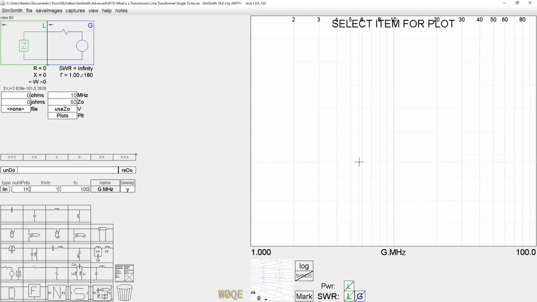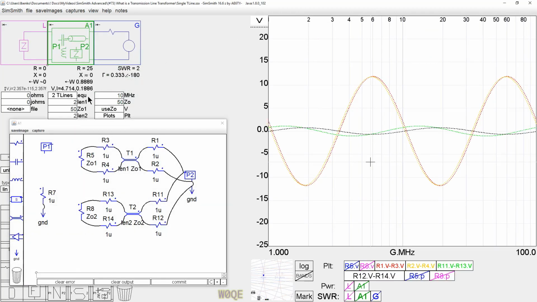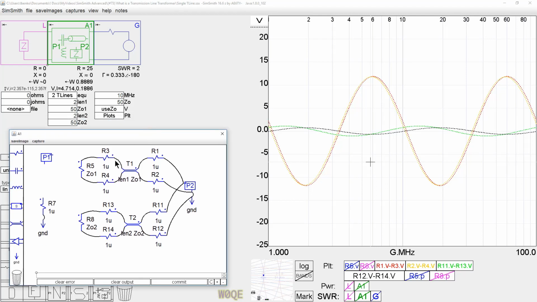The next thing let's do is bring a different circuit in. And this circuit is 2 transmission lines. I just wanted to do this for a moment to show again the common mode impedances and how they start to play in a transmission line transformer. Here I have 2 transmission lines driven in parallel from a 50 ohm source, and each one of these is terminated in its own impedance.